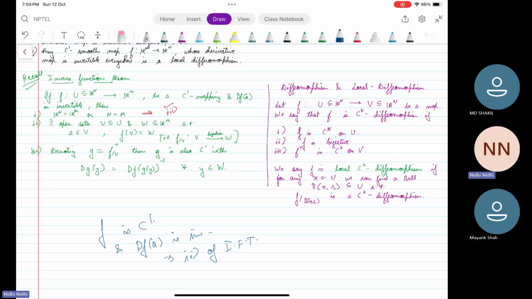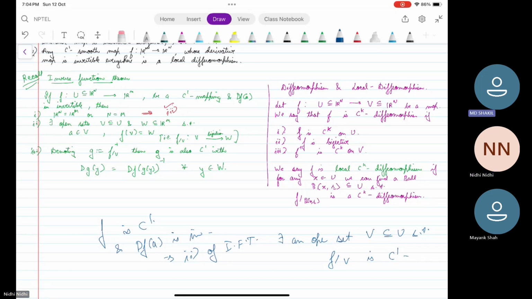Because by the second point, there exists an open set V such that f restricted to V is bijective, and this will eventually be a C1 diffeomorphism.